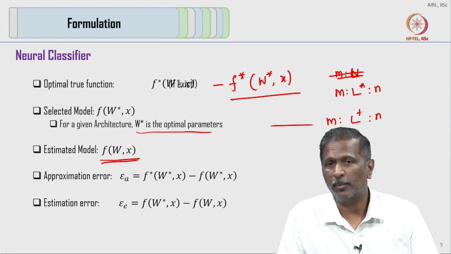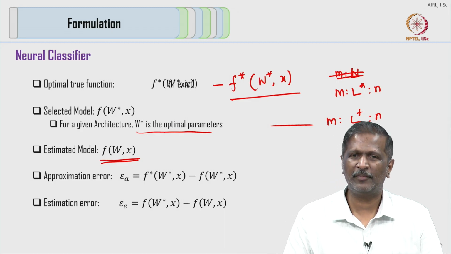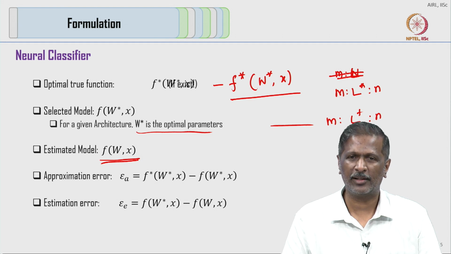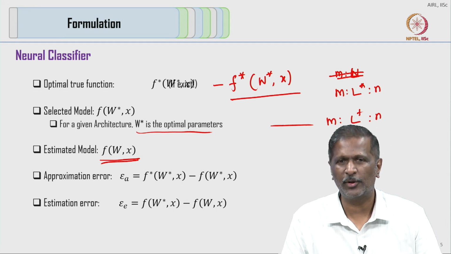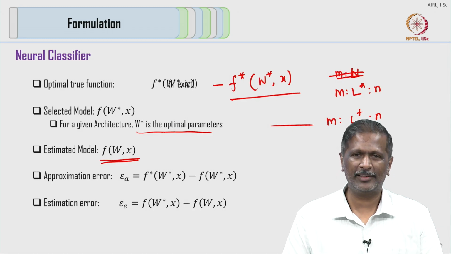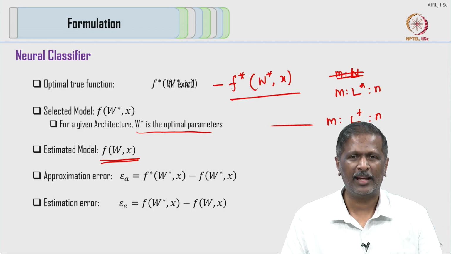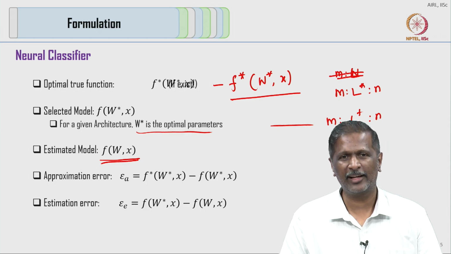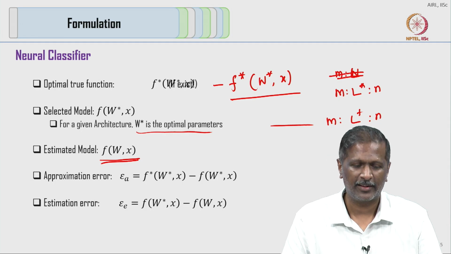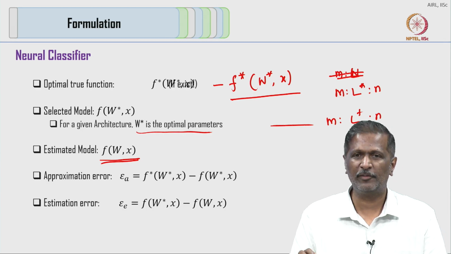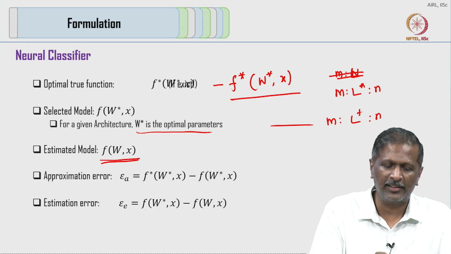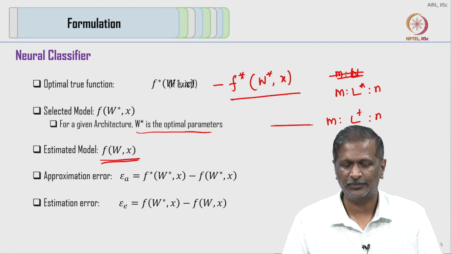I may not get the true optimal weight. You know what factors affect this, right? How you present the data during the training process. The loss function also is going to affect us. Learning rate, momentum, all this will take you to a local minima. Finding a global minima is a bigger problem because the error surface is not going to be smooth, right? So finding W star even for a given L plus is very difficult. So the estimated model is f of W comma x.